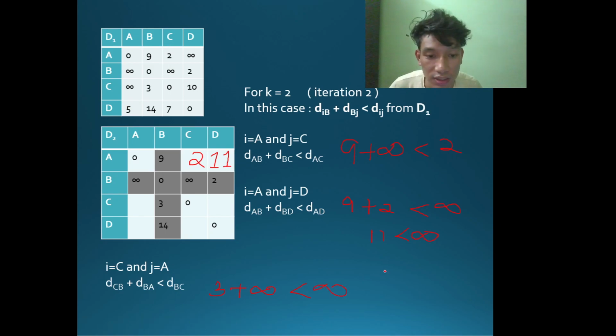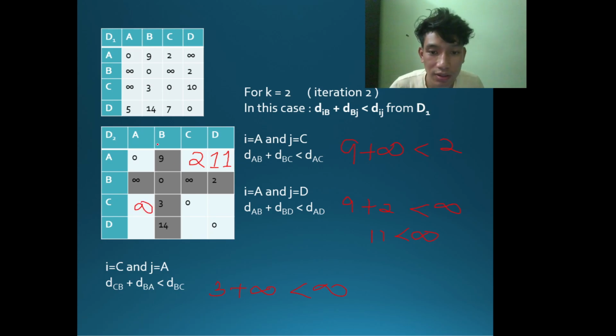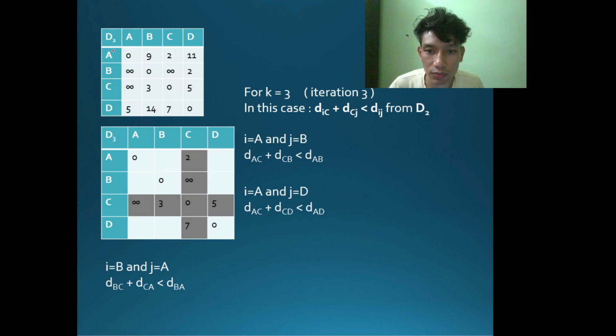So this is infinity less than infinity, so it will remain as infinity. So similarly, we will fill the values accordingly, and we will get the D2 matrix. So here is the calculated one, D2.